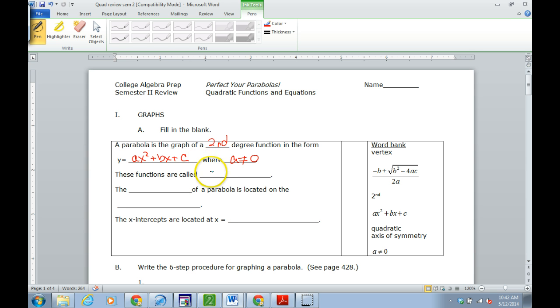These functions I just told you are called quadratics. And the vertex of the parabola is located on the axis of symmetry.